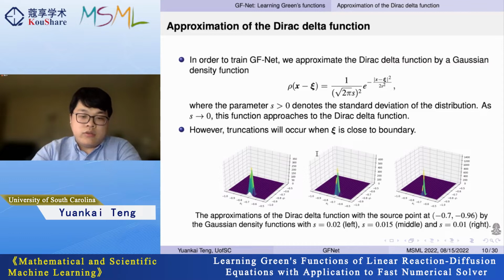It is the −1 to 1 square, and we choose the source point at −0.7 and −0.096, which is 3s away from the boundary. You can see from left to right, if s is smaller, the zero boundary condition of the Gaussian density approximation will be satisfied. However, in real experiments, we cannot use such a small s due to the difficulty of the training process.